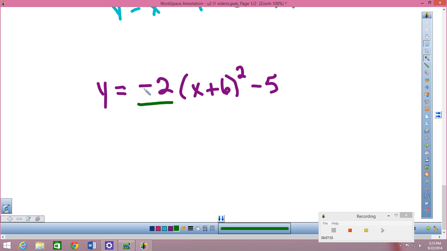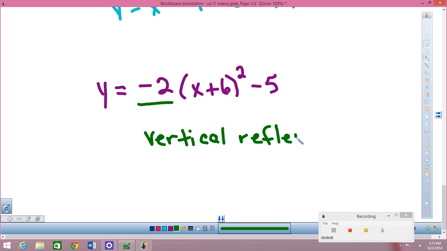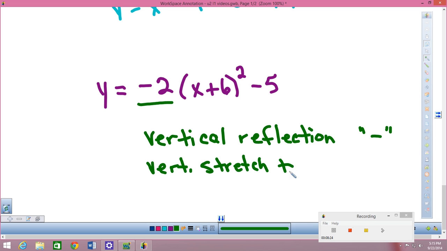The first thing I know that it's doing is a vertical reflection because it's negative. And this 2 right here tells me that there is a vertical stretch by a factor of 2. It's going to be twice as tall as the parent.